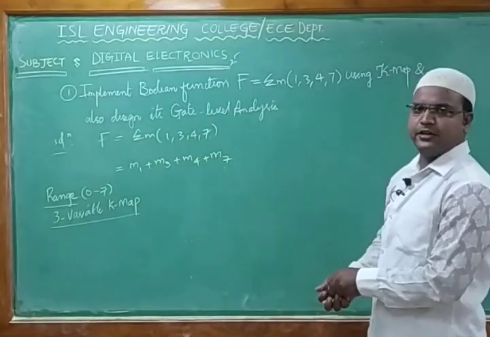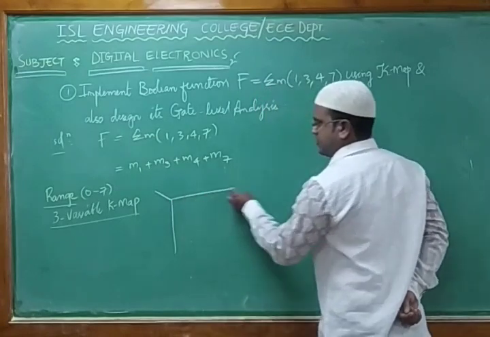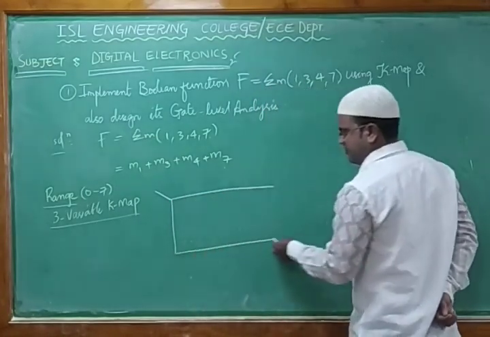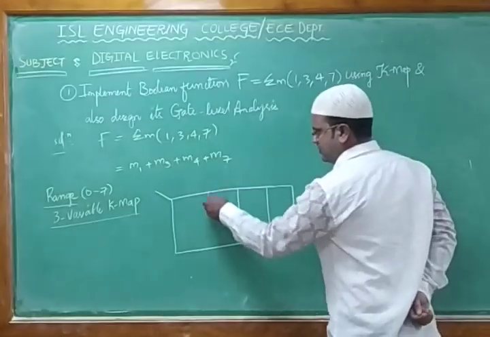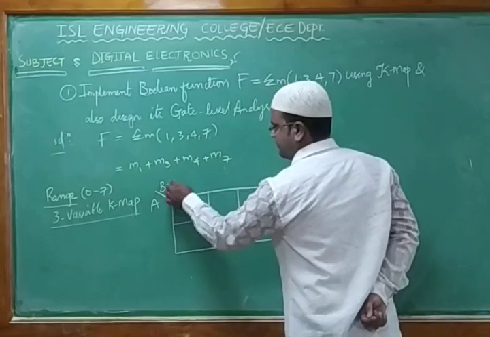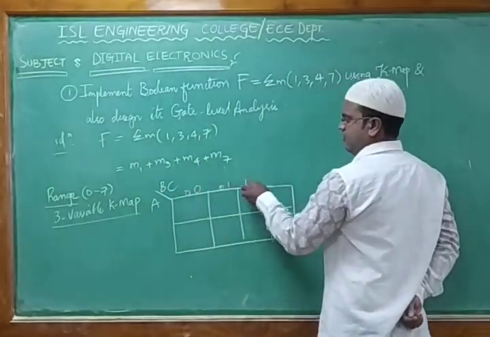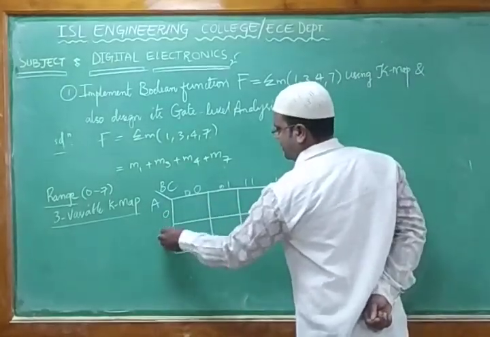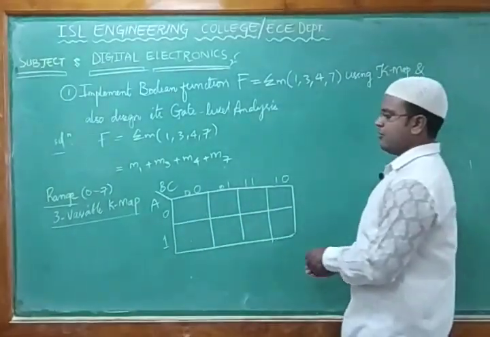Now I'll take a 3 variable K-map. First of all, I'll take the graphical pictorial representation of that map. I have drawn it like this. We have A, and we have B and C. The combinations of the first two are 00, 01, 11 and 10, and A is 0 and 1. Next we need to write its min terms.